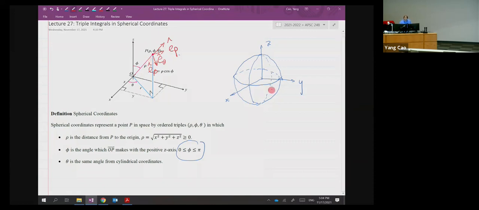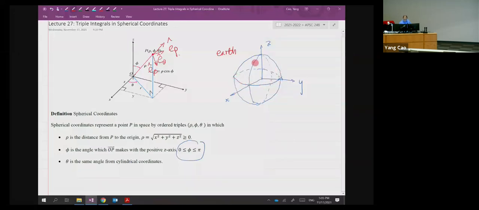One usage where spherical coordinates are very useful, especially if you're a civil engineer or study geology, is in reference to the Earth. If this is the Earth, you set up your XYZ coordinate system. Passing through here is the equator.